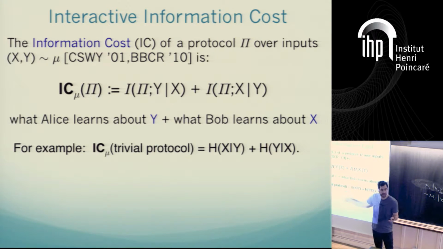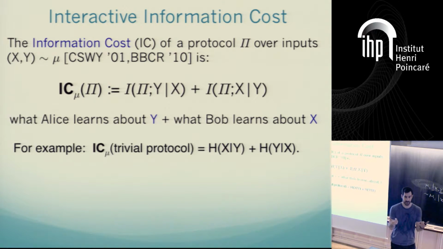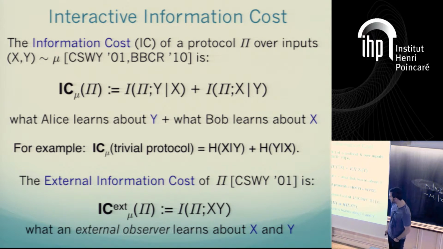The communication cost is just 2n, right? Assuming the input size of the players is n bits. While this quantity might be arbitrarily smaller, right? And this will recur throughout the talk, but this is just an observation.